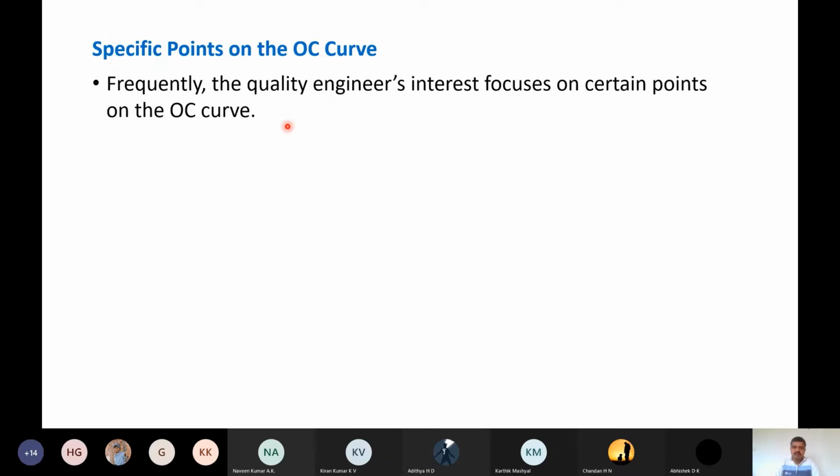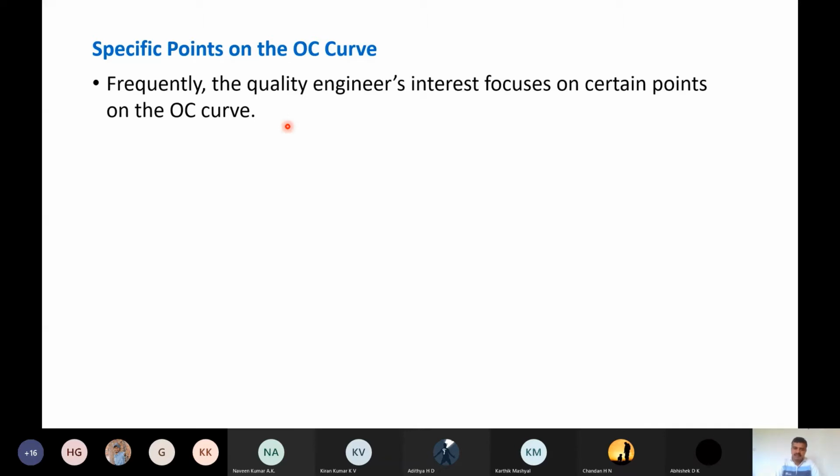If they want to maintain a quality level such that the lot will be accepted 95% of the time, and that is the benchmark set by the suppliers, they will plan everything based on that.